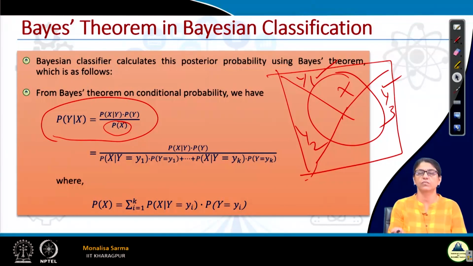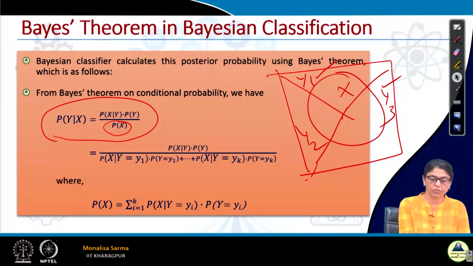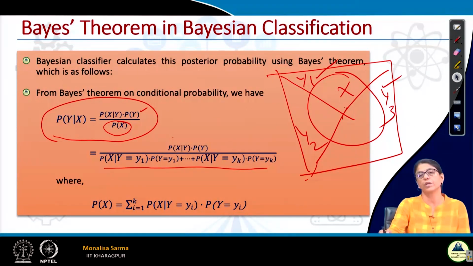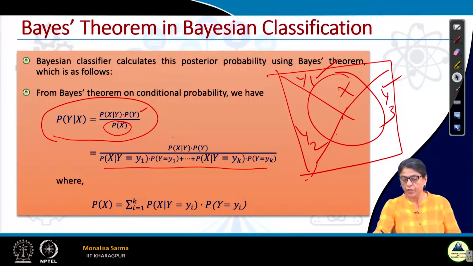We can get this directly from the Bayes theorem. The probability of y given x is the probability of x given y into the probability of y, divided by the probability of x, where the probability of x is the total probability. How do we find the probability of x? It is the probability of y1 intersection x, union y2 intersection x, union y3 intersection x, because x is formed by these 3 disjoint sets y1, y2, y3.